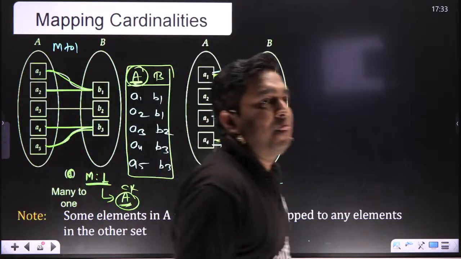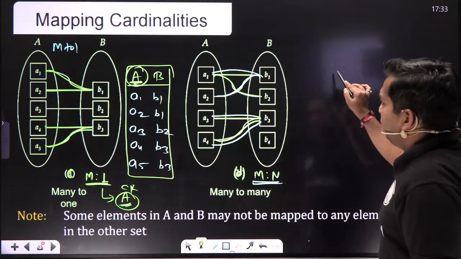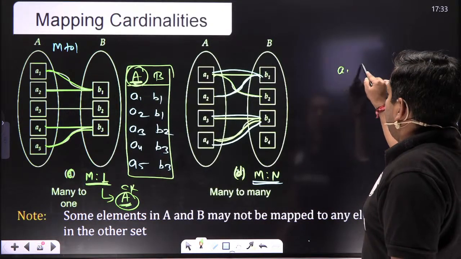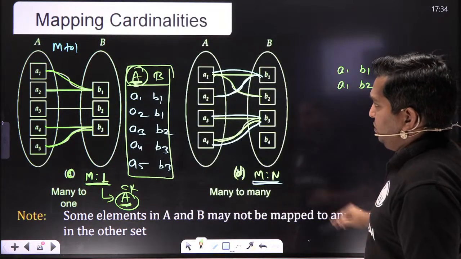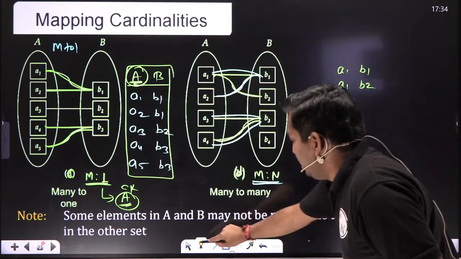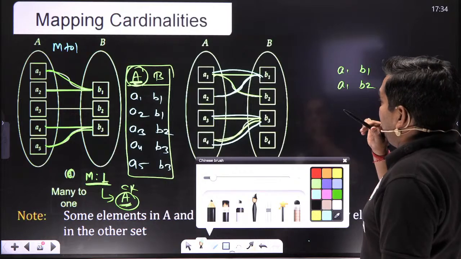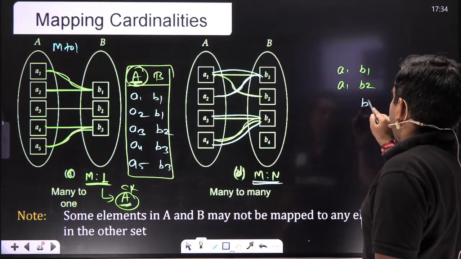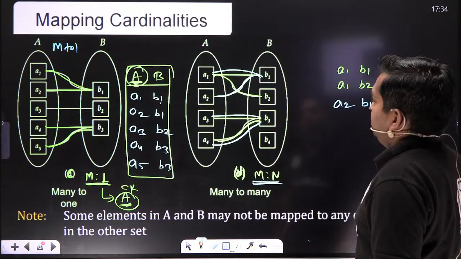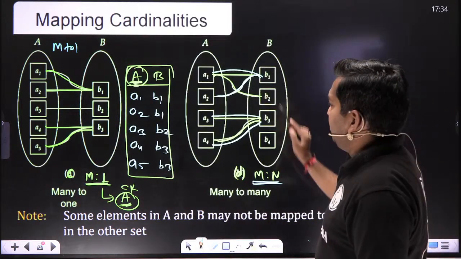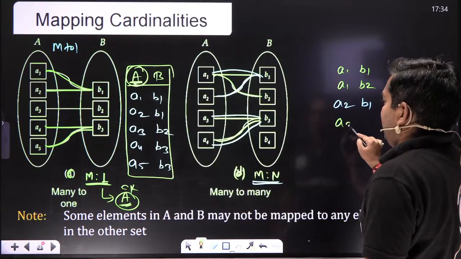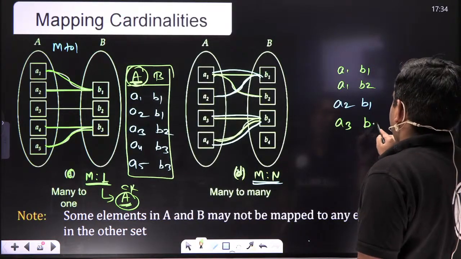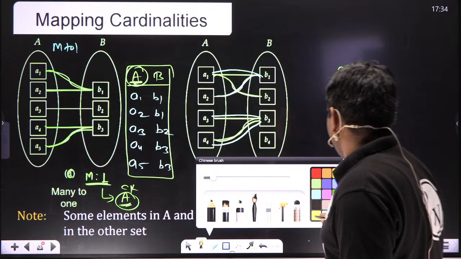Next. Here, what is happening? A1, B1, A1, B2. And B1, A1 and B1, A2 also. After that, A3, B3 and B3, A4 also.